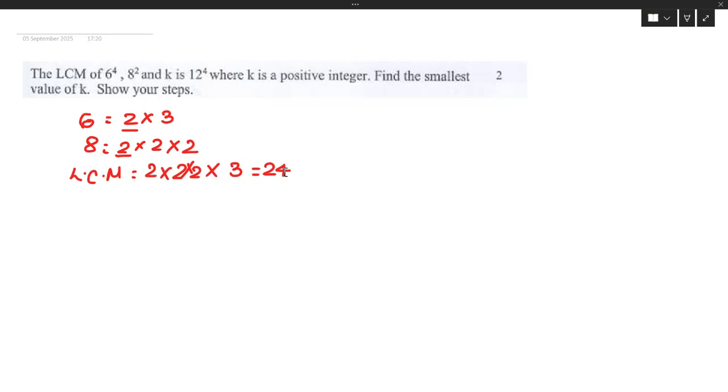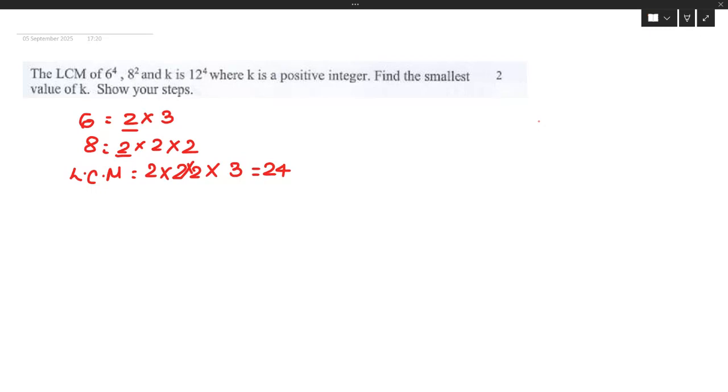LCM of 6, 8 and 12. 24 is already the LCM of 6 and 8.